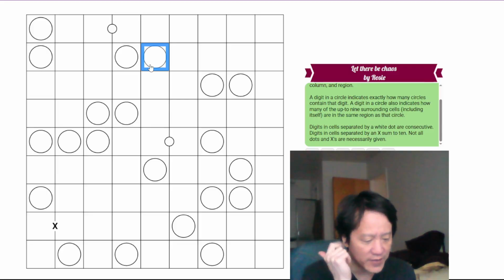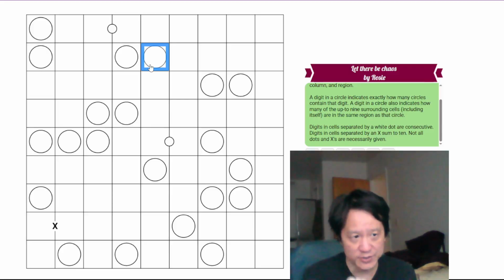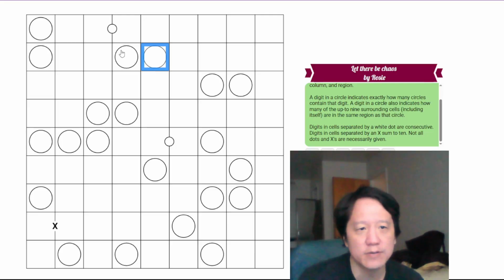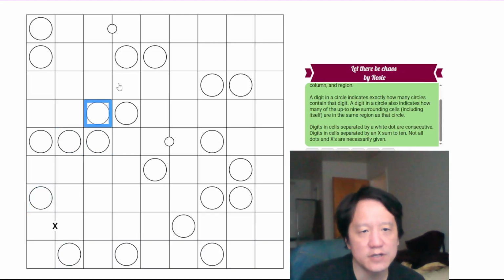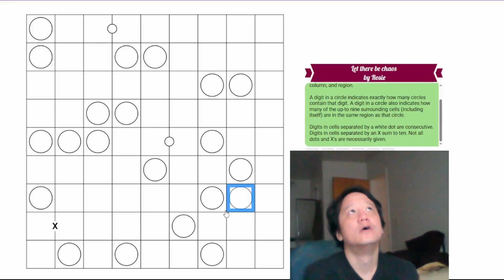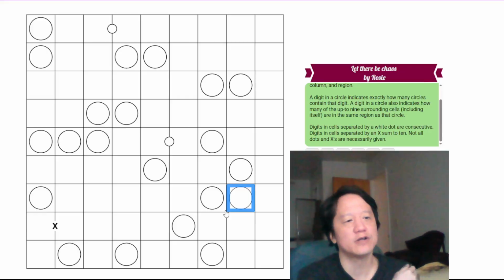That means you can't have 8 and 9 in circles. That means you have 2 through 7 in circles, and they have to add up to 21, right? So that means you have to subtract out enough digits to add up to 21.